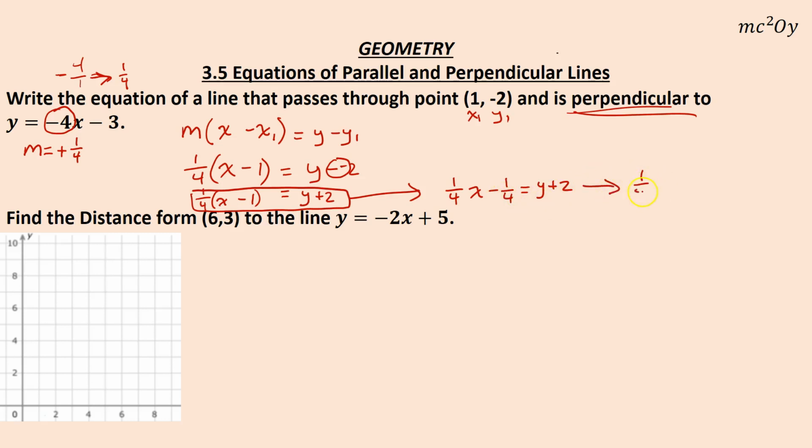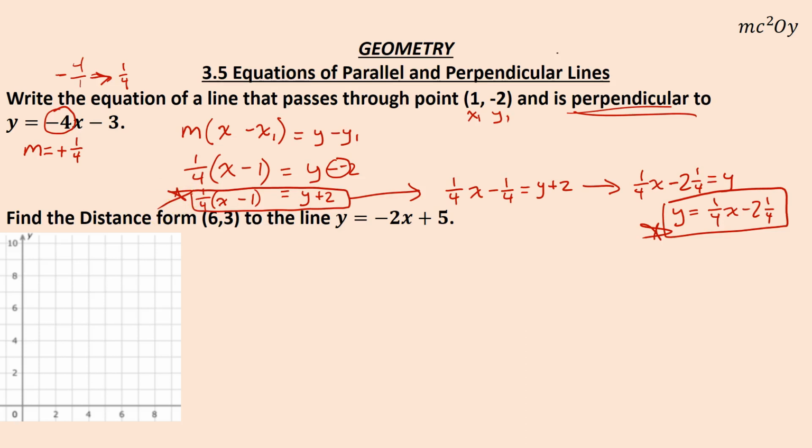That's going to give you 1/4 x minus 2 and 1/4 equals y, and then rewrite it. Y equals 1/4 x minus 2 and 1/4. I would probably just leave it in point slope form, but if you want to go to slope intercept form, that would be fine as well. Okay?